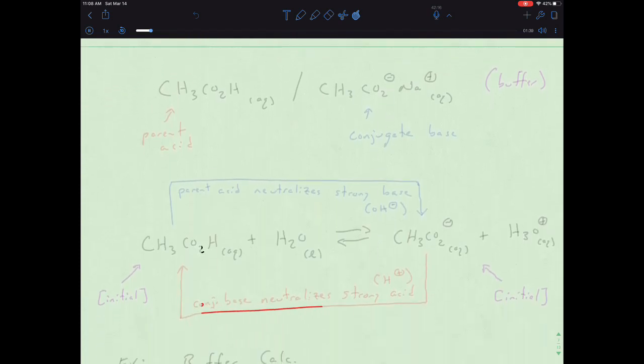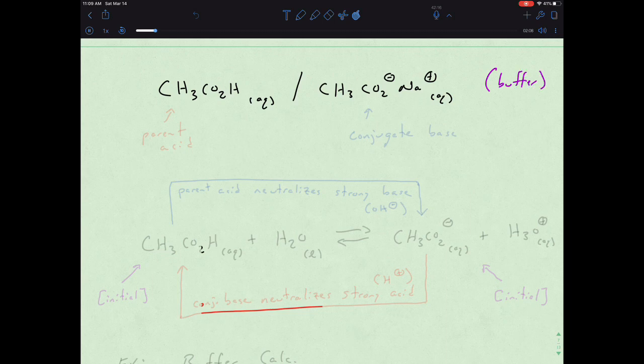So putting that together in terms of an actual reaction, which was covered in the last video, if we have a solution of, let's say, acetic acid and sodium acetate, this constitutes a buffer.